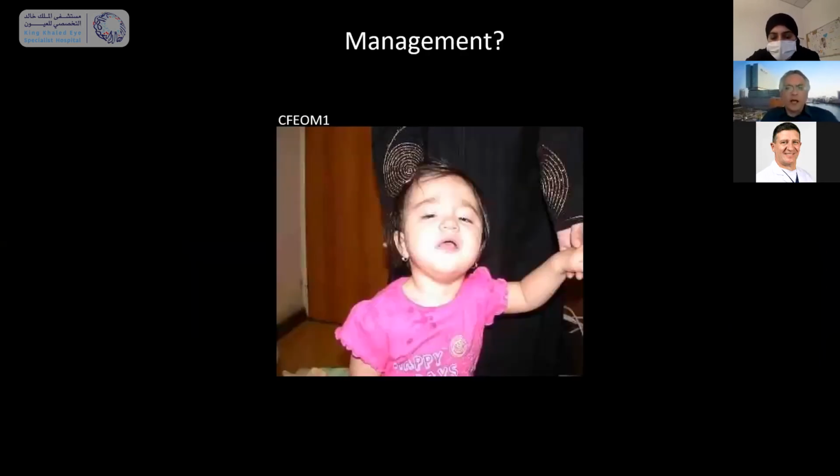Okay. These patients with congenital fibrosis type 1, if it's a classic congenital fibrosis type 1, they have a large A-pattern exotropia. And they have a hypotropia that is very difficult to treat and very difficult to overcorrect.